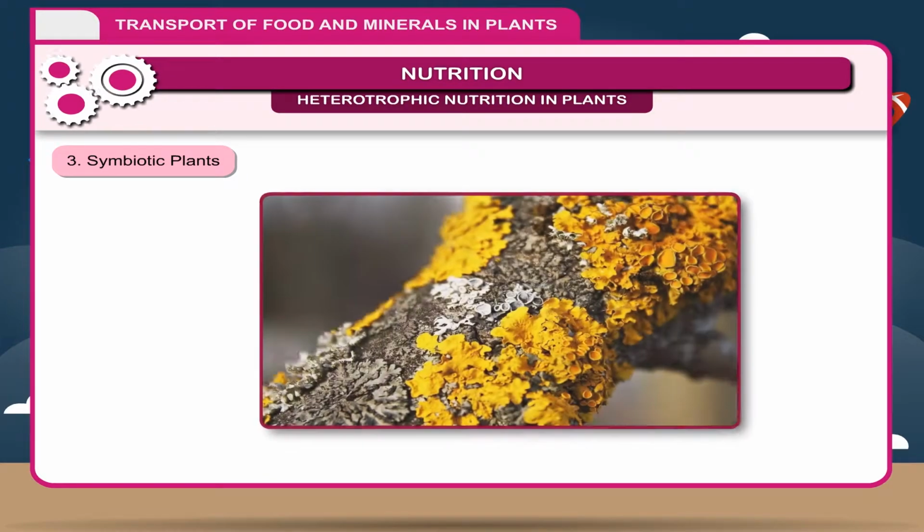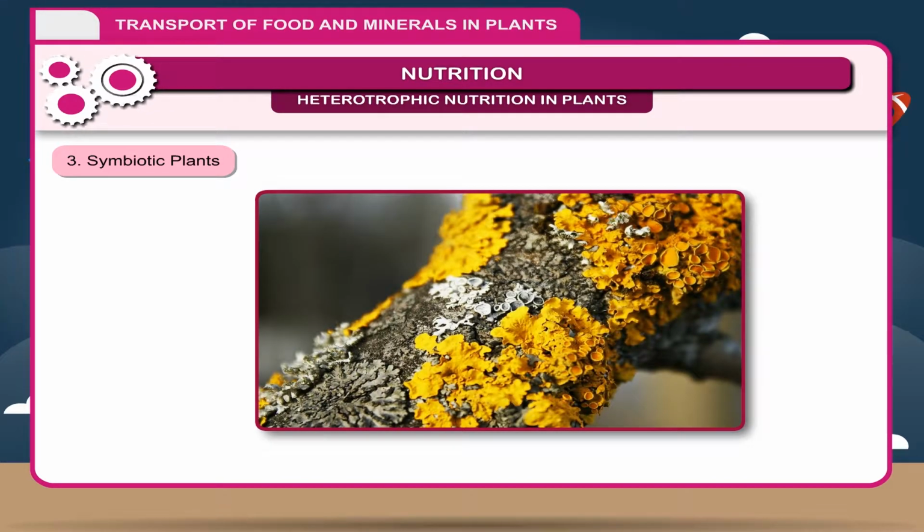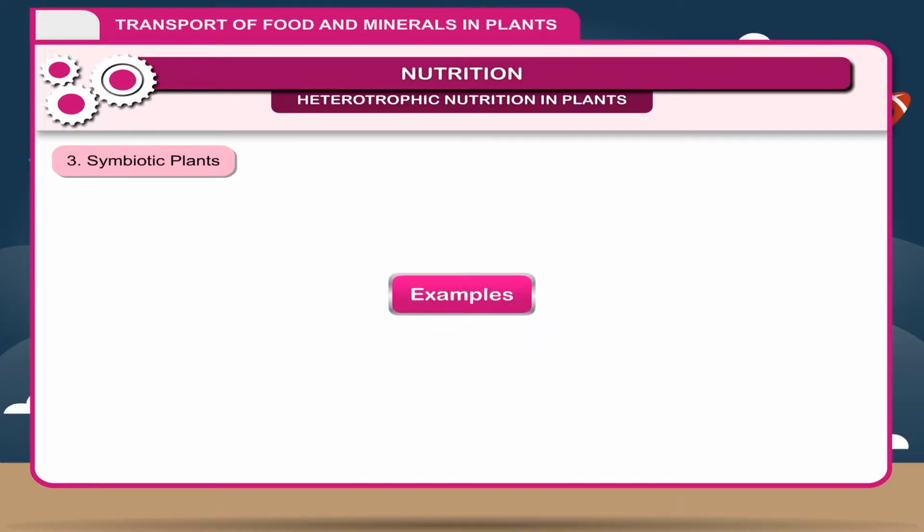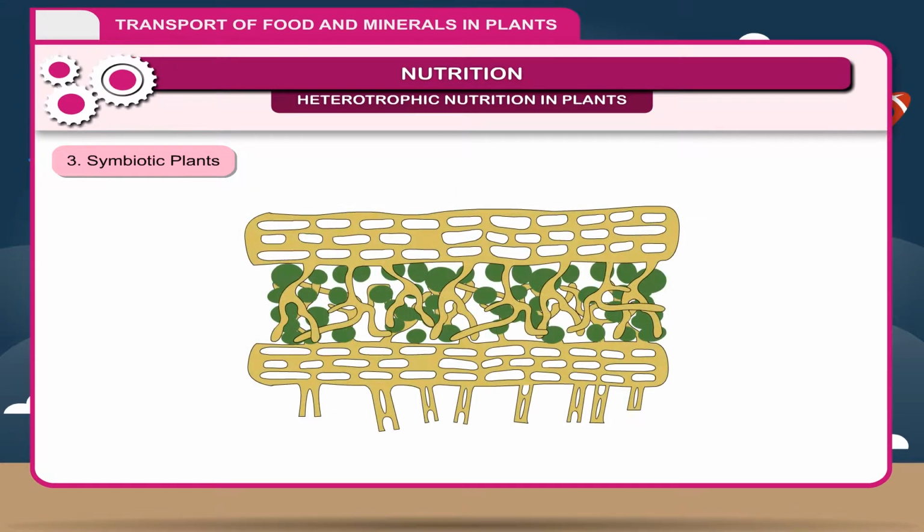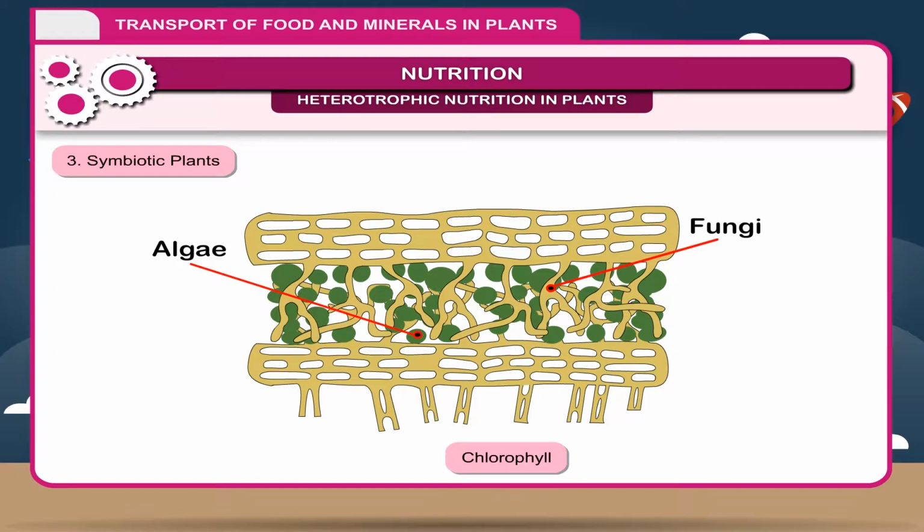Symbiotic plants. The plants which live on other organisms and are mutually benefited from one another. Example: lichen. The body of lichen constitutes algae and fungi, where an alga contains chlorophyll and prepares food, whereas the fungal part gives shelter to the algae.